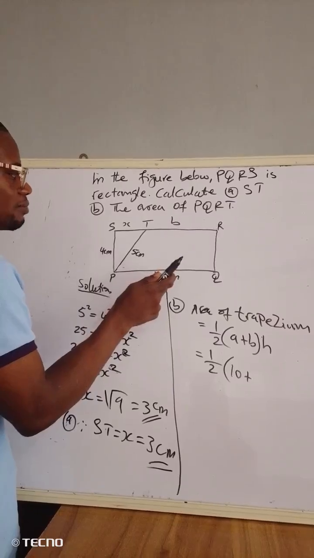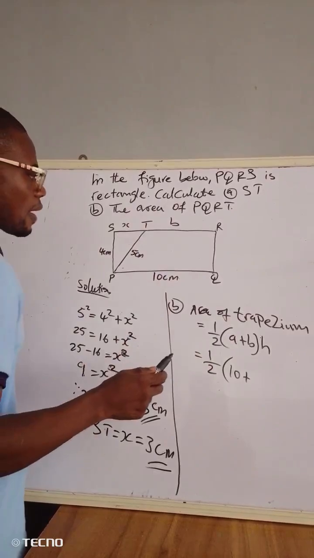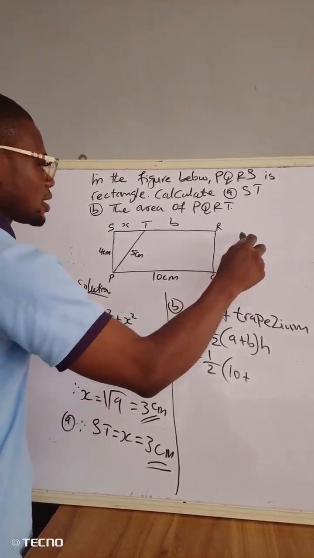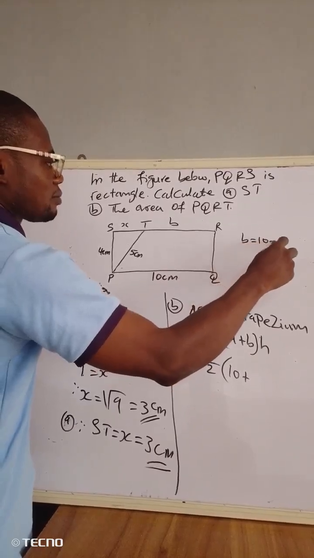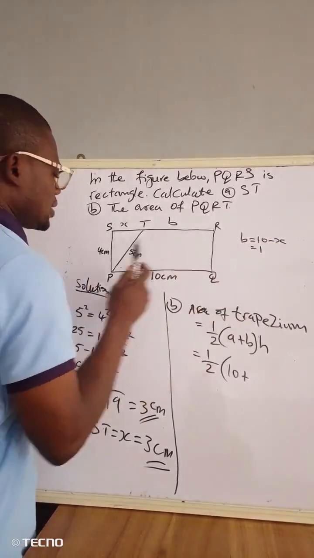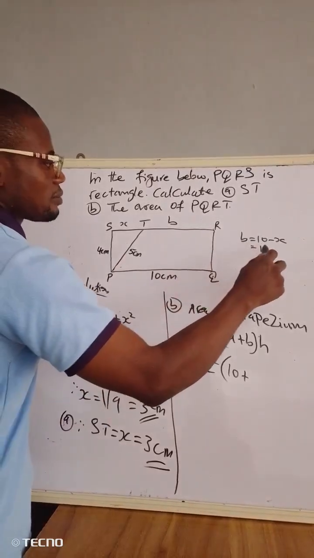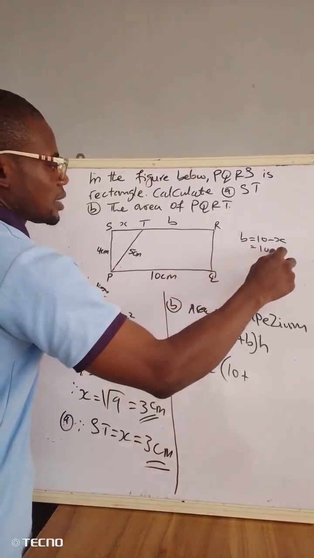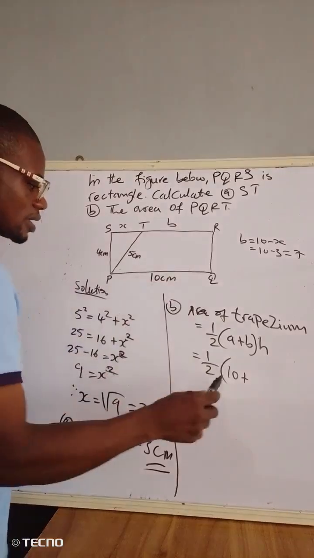So to get my b, I will say 10 minus x, which is 3, and that will give you 7. So my b is 7.